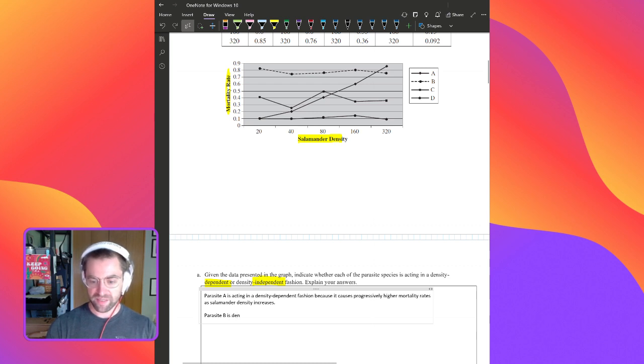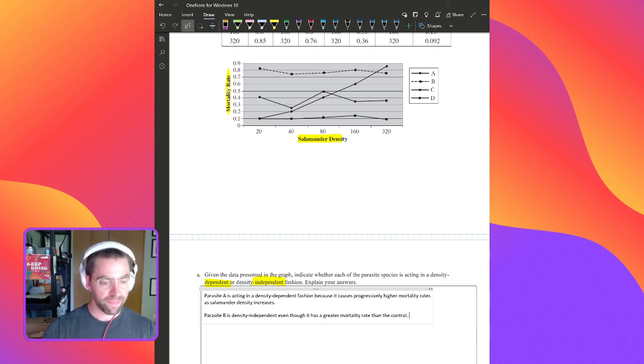Parasite B is density independent, even though it has a greater mortality rate than the control. Yeah, it's fairly consistent across population densities, and as a result, it's acting in a density-independent fashion.